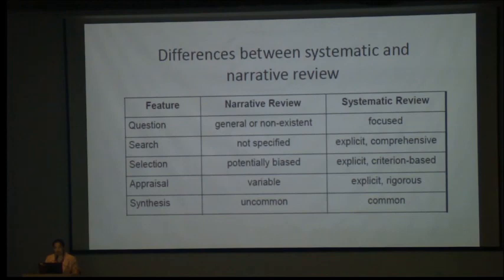The critical appraisal of those studies is very often not described in the narrative review. In a systematic review, all of these steps are explicitly reported. The search strategy is explicitly reported, how we selected those studies is reported, and quite a considerable amount of effort is expended on assessing the methodological quality of those included studies.